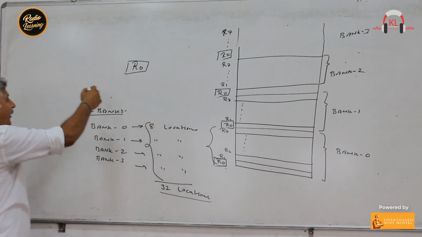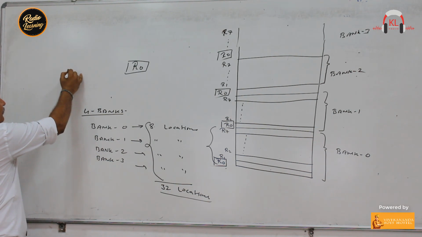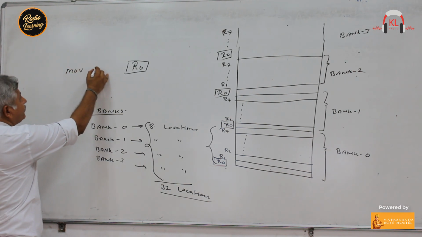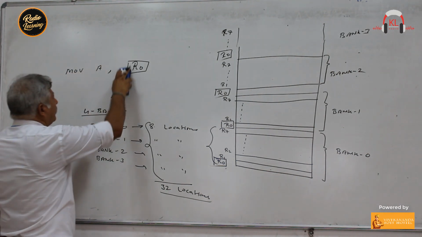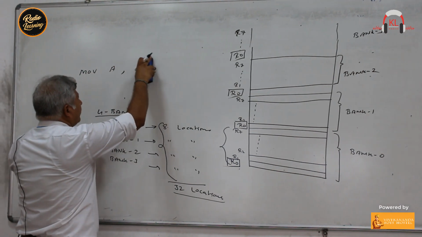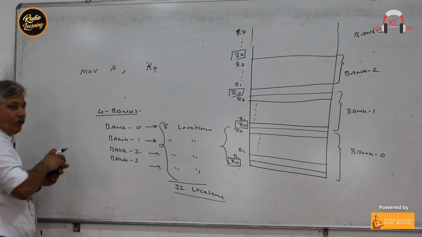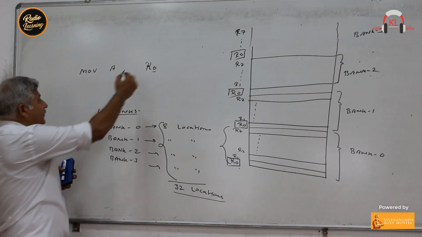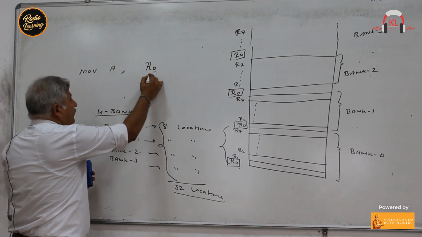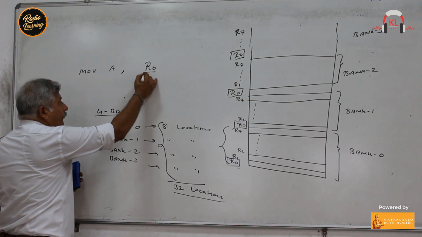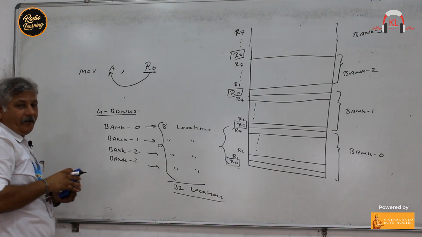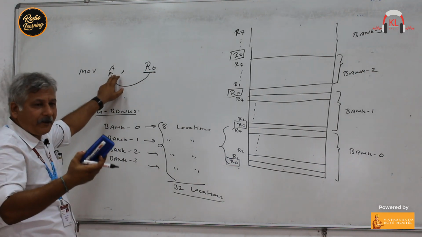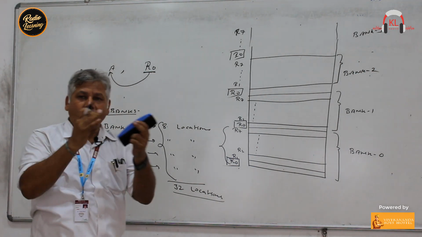For example, I will write one instruction, MOV A, R0. Suppose this is one instruction, right? This is an instruction of the microcontroller. The meaning of this instruction is that the content of R0 will be moved into register A. Register A is an accumulator, a part of your microcontroller.